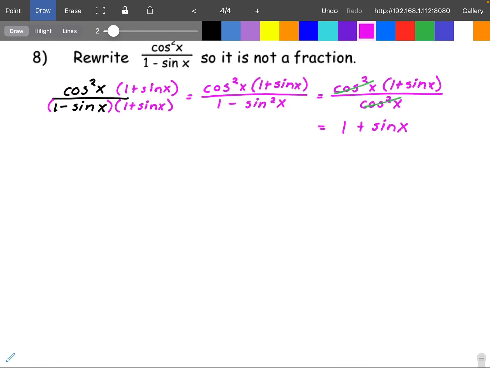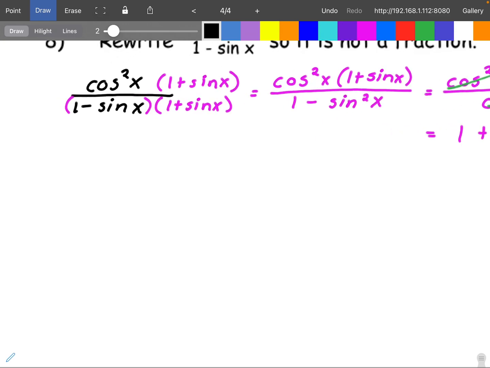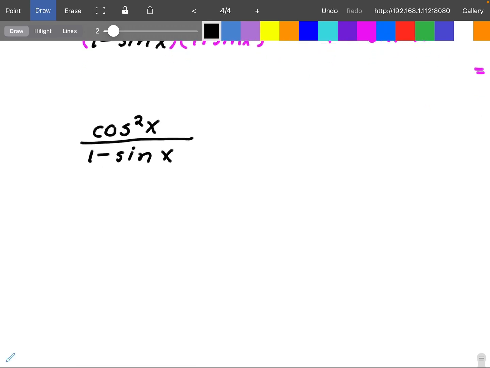Now, there is another way that you can do this same problem. Most people are not going to see this as readily as the first way, but some will, and it is a very legitimate way to do it. So if I take that same beginning fraction, cosine squared x over 1 minus sine x, then this is kind of working backwards.